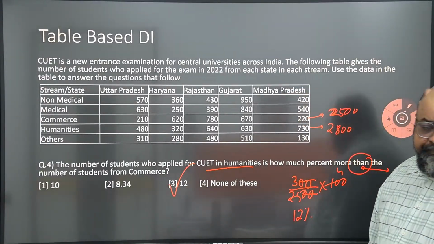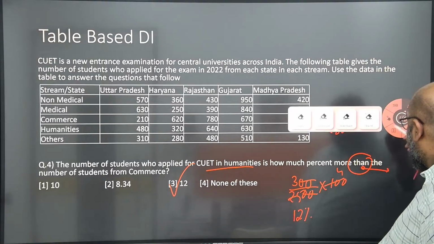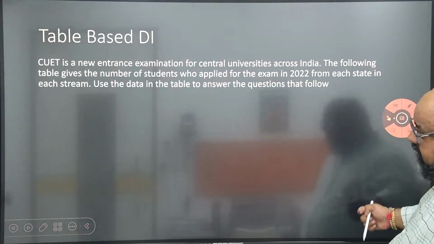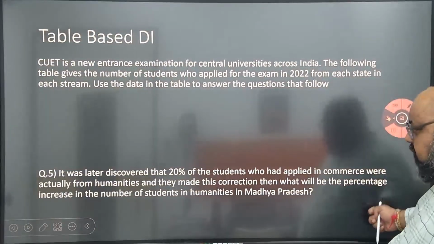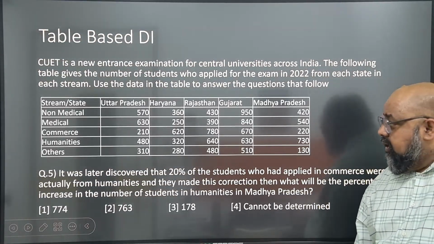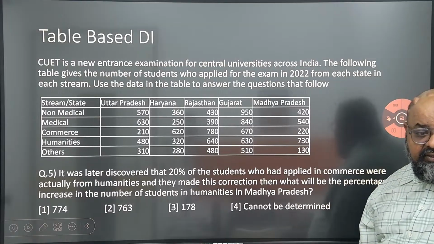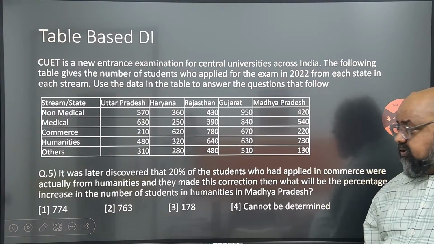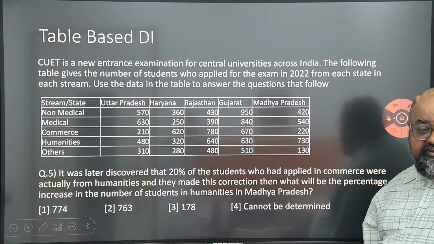Question 4. एक और क्वेश्चन देखें इस पे. Okay. Question 5 then says, it was later discovered that 20% of the students who had applied in commerce were actually humanities.